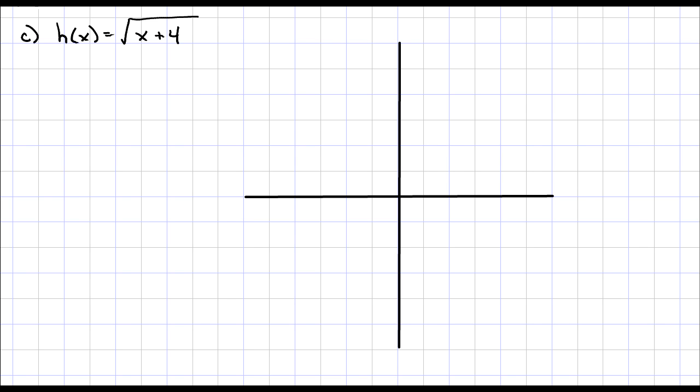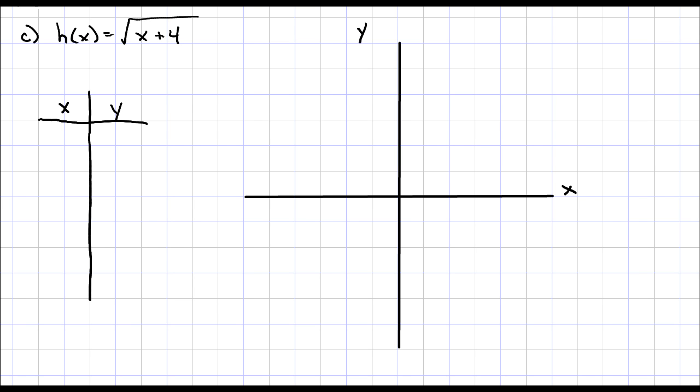Now, at this point, I really encourage you to pause the video and go through and try to come up with a few inputs on your own and come up with a sketch of this graph on your own. Try to figure out inputs that will work out nicely. And if you have a calculator handy, then that will give you a little bit more freedom in choosing your inputs. But once you're done, come back and compare what you've done with what I've done. And there's no one right way of choosing your inputs here.